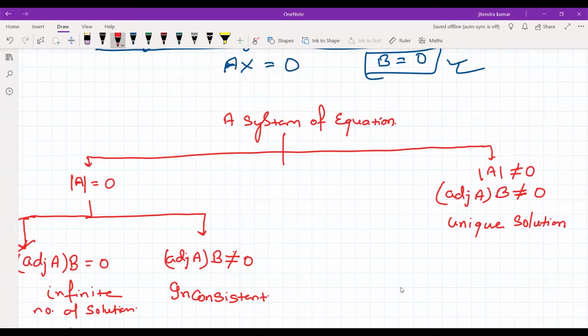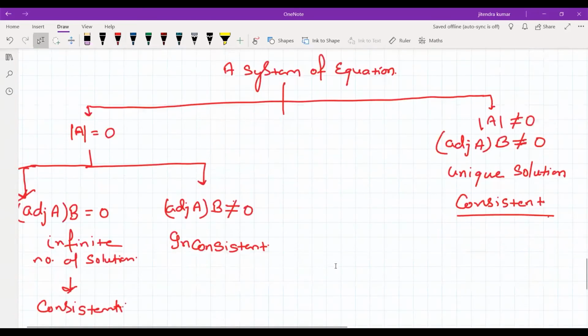So this will also be consistent. In this way you will be able to decide whether a given system of equations is consistent or not consistent.